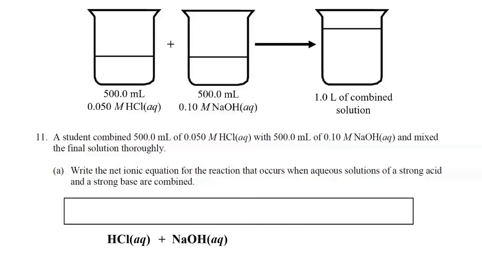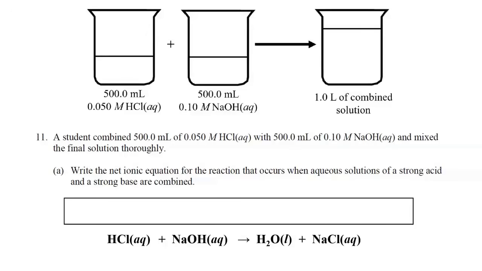We're definitely going to produce water when the H+ of hydrochloric acid combines with the OH- of sodium hydroxide. And then we're also going to produce aqueous sodium chloride. So the products of this reaction are water, liquid water, and aqueous sodium chloride.